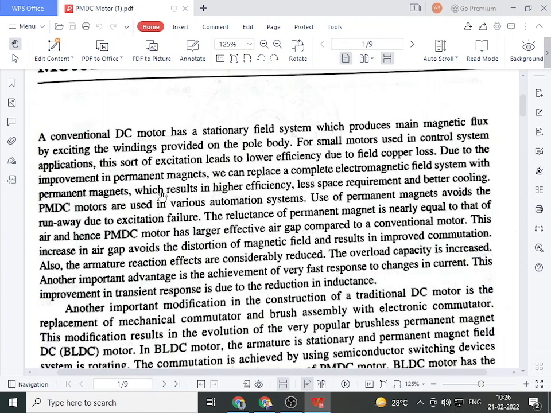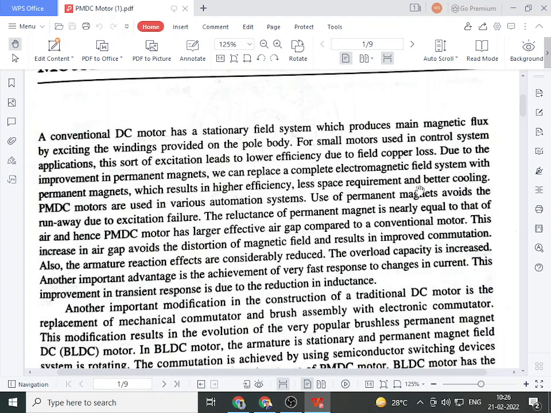And due to using permanent magnets, the efficiency of the motor increases. Second, the size of the motor decreases, so we can use these machines for low space applications. There is also better cooling, because with permanent magnets there is no problem of temperature rise.